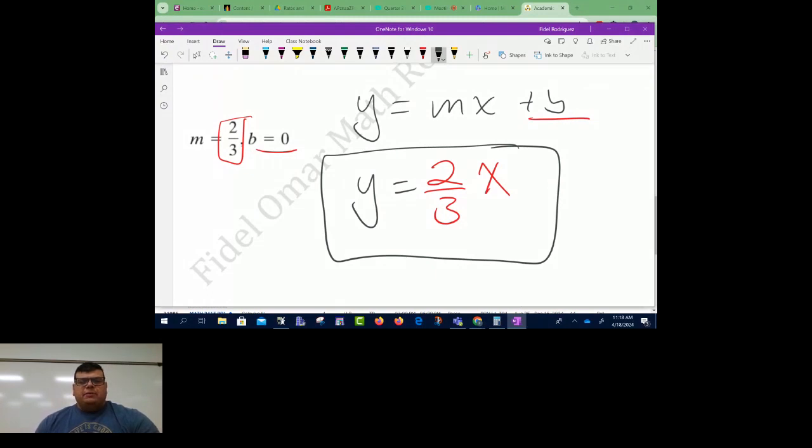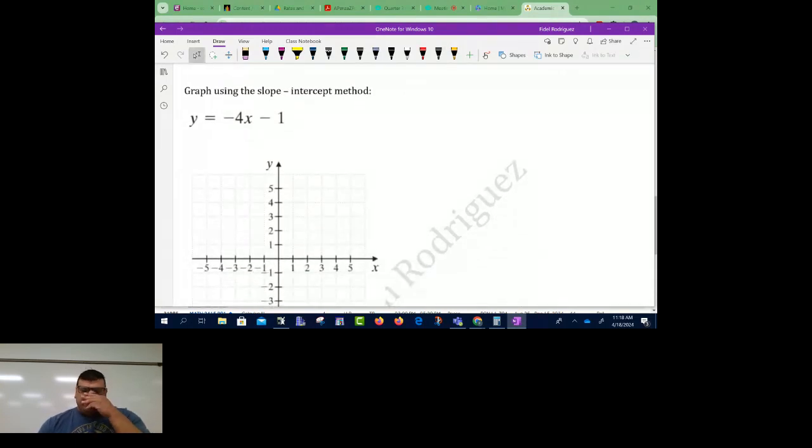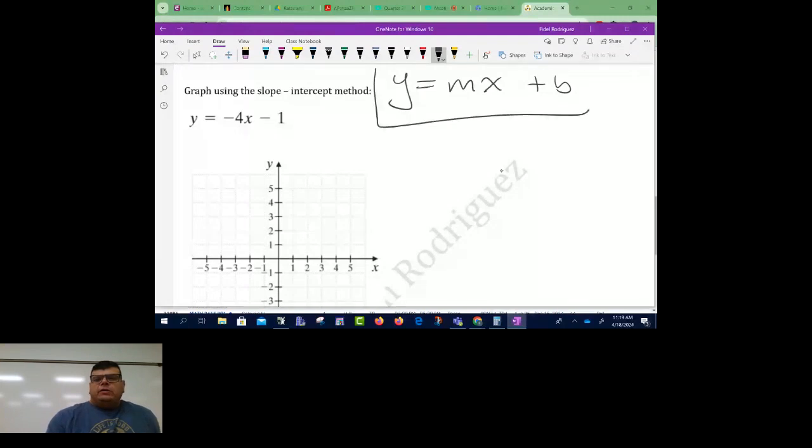Y'all, let me scroll down a little bit more. Okay, so y'all, what we're going to do in these problems, we're going to graph using the slope-intercept method. Just as a reminder, I'm thinking about this y equals mx plus b form. First thing I'm going to do, y'all, I want to find my point 0 and b.